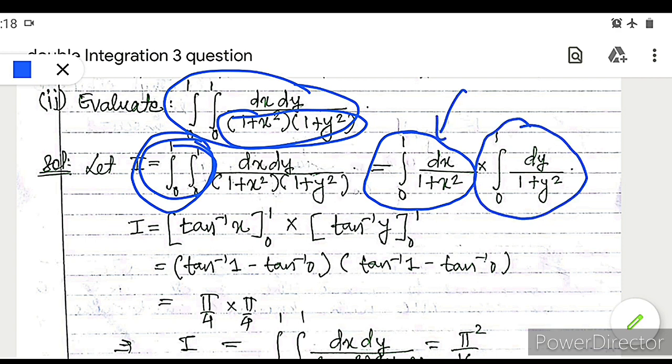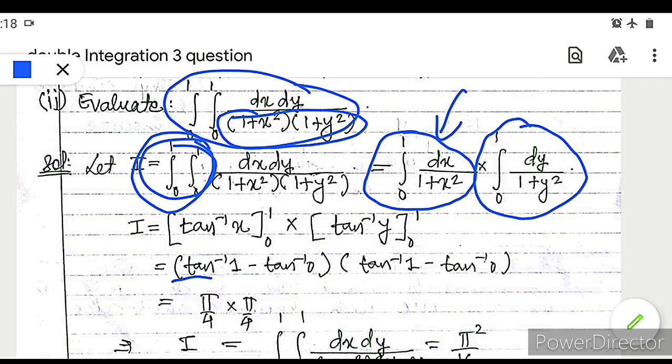This is the standard formula of tan inverse. So integration of dx upon 1 plus x square is tan inverse x, and the limits are from 0 to 1, and the integration of dy upon 1 plus y square is tan inverse y.